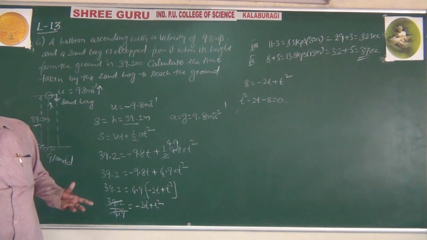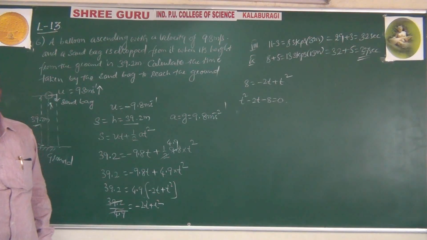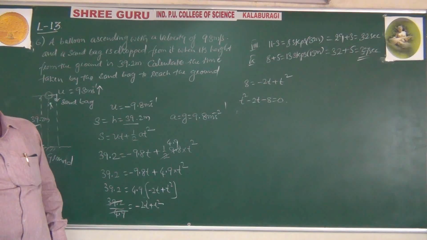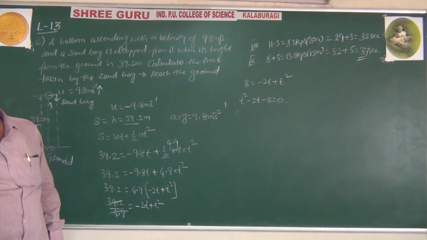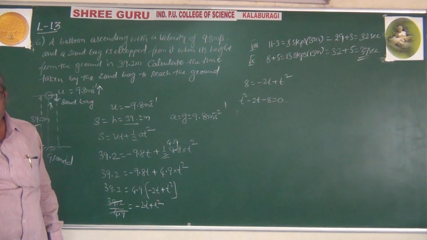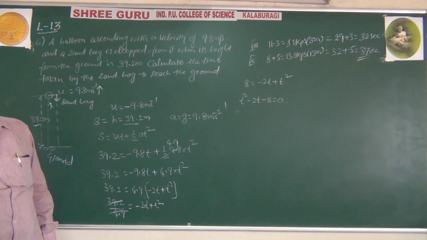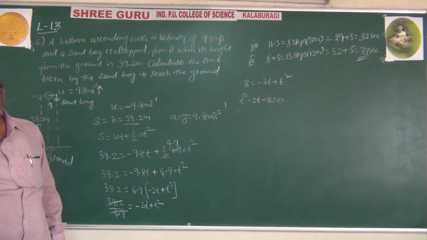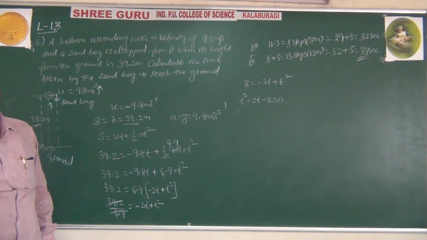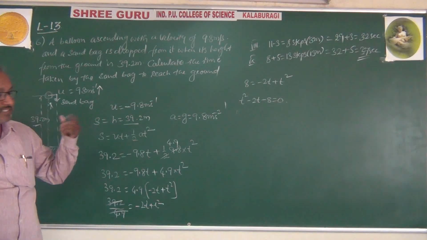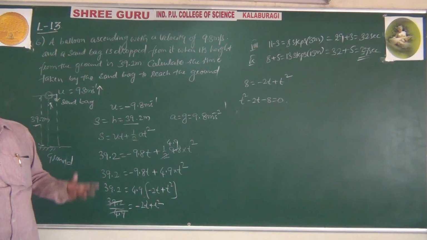We can solve this by the quadratic equation. You know, in a quadratic equation ax square plus bx plus c equal to 0, x equals minus b plus or minus square root of b square minus 4ac, divided by 2a. Otherwise, factorization.